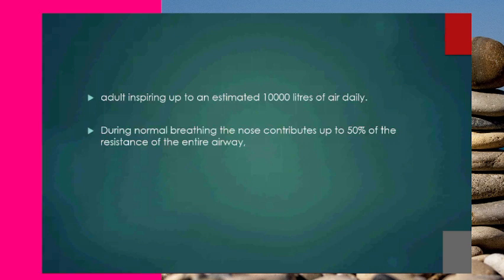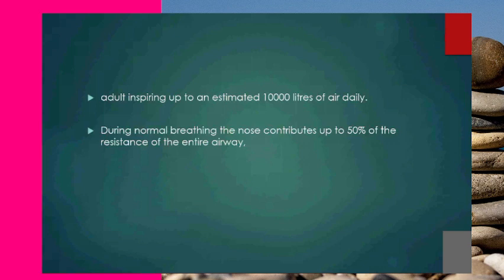Okay. So what is the posterior limit of this nasal valve? This is the anterior end of the inferior turbinate. Okay. So any enlargement of the turbinate, any deviation of the septum, or any mass, any polyp occurring in that area, greatly contributes to the nasal resistance.